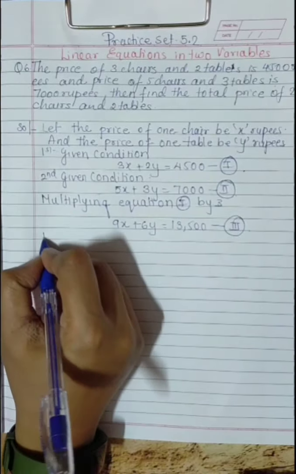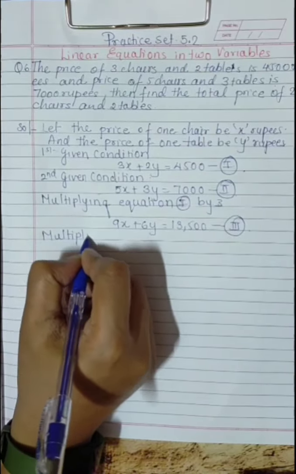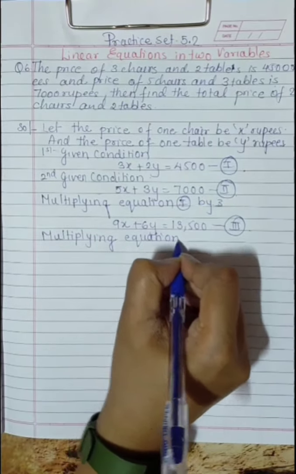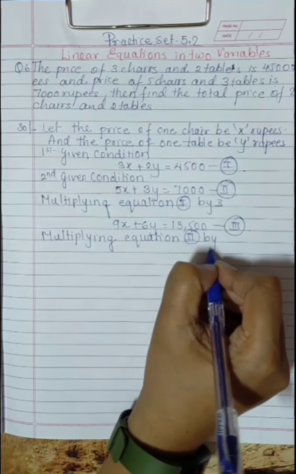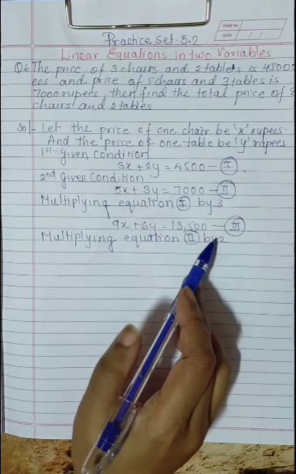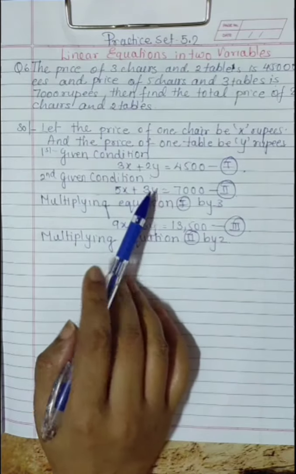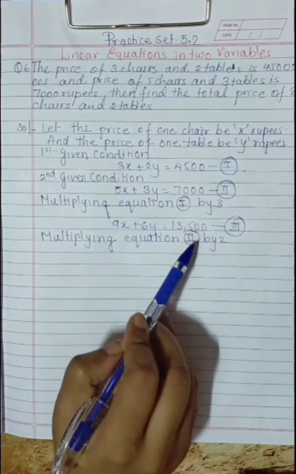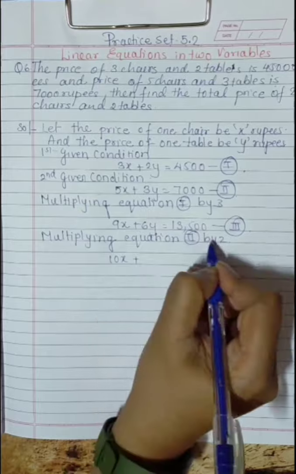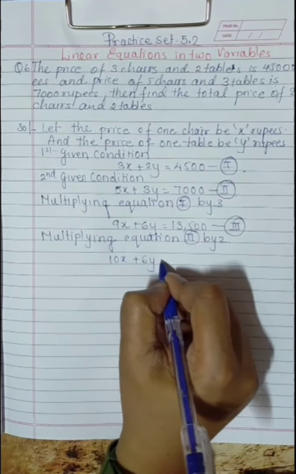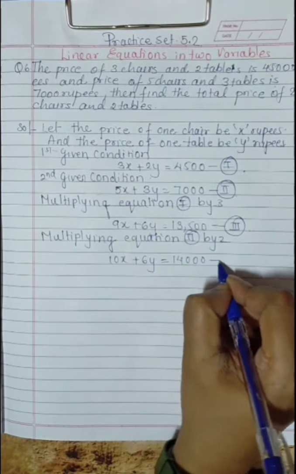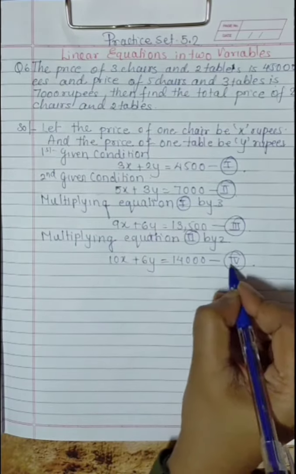So I am multiplying equation second by 2. 2 5s are 10x plus 2 3s are 6y equal to 2 7s are 14,000. This is our fourth equation.